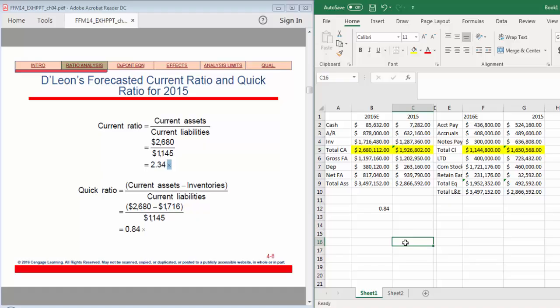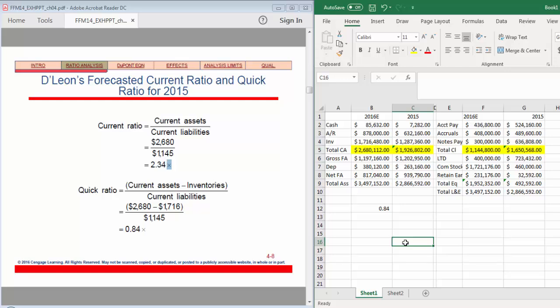Now see how easily the whole situation has changed, because if we subtract the inventory level, we are in a dire situation because our total current liabilities are more than current assets.